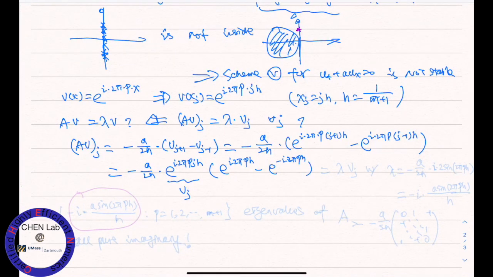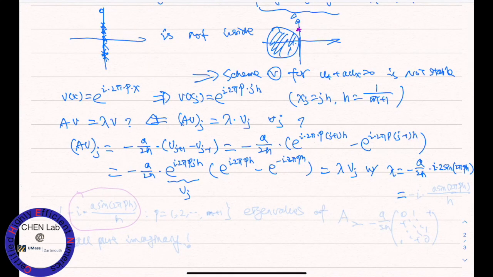So there you go, what's left is our lambda, lambda times V_j. Lambda is negative a over 2h, and e^(i theta) minus e^(negative i theta) is 2i sine theta, where theta is 2 pi ph.